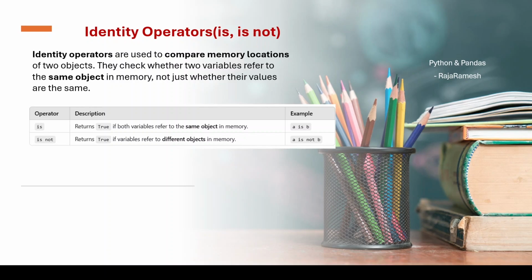And is not is going to return true if the variables refer to different objects in the memory, right? So it is just the reverse of is. So A is not B is going to return true when A is not referring to the same object as B. Let us see some examples.